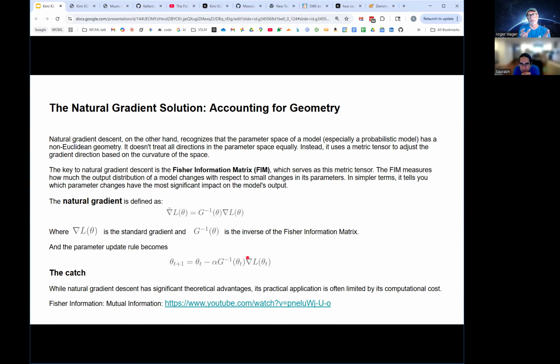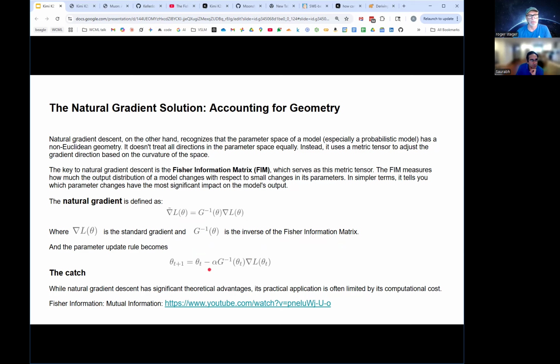You can take that valley and make it more into a bowl where the resulting vector is actually in the direction of the optimal downhill, the lowest point. And this again used the Fisher matrix. So it's much more efficient. You don't get that back and forth zigzagging. You can take bigger steps because it's always in the right direction.